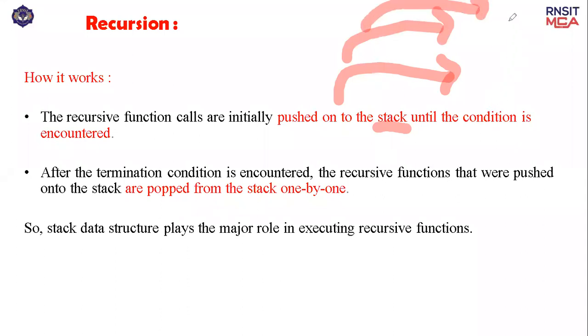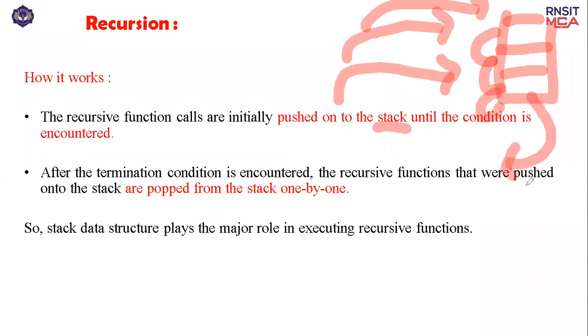Like this, it will create a pile of function calls, and finally when you have got the result at the top, it will come back to the bottom, and finally the bottommost will give you the result. So this is called the top-down approach.